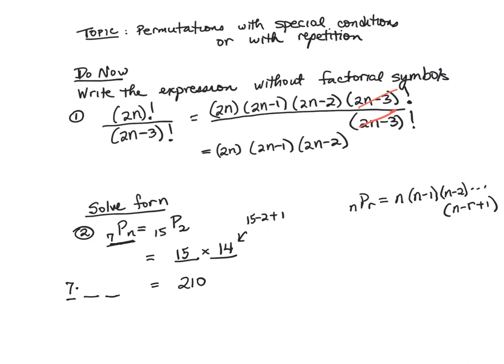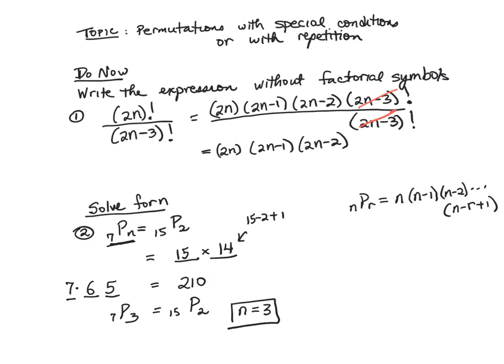Well, let's start counting down. 7 times 6 would give us 42. And if we take the 42 and multiply it by 5, we get the 210. So the correct answer is 7P3 is equal to 15P2. So n in this problem is equal to 3.